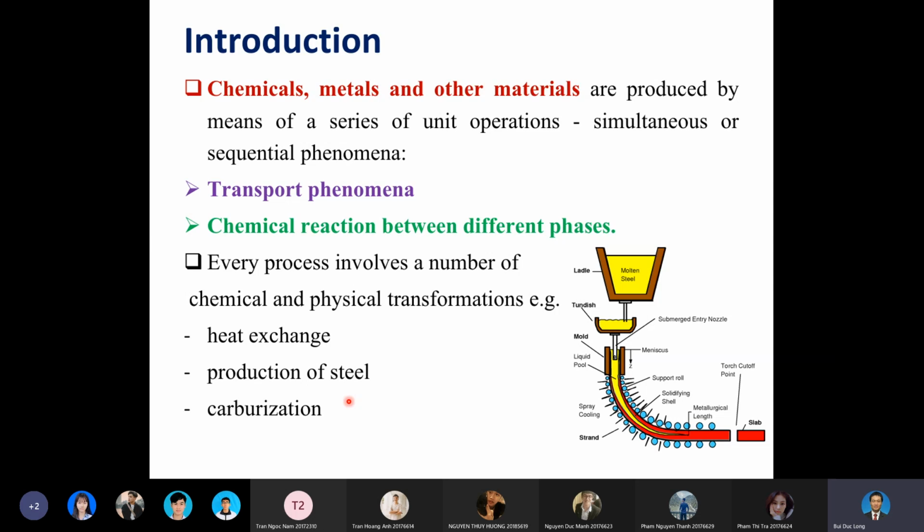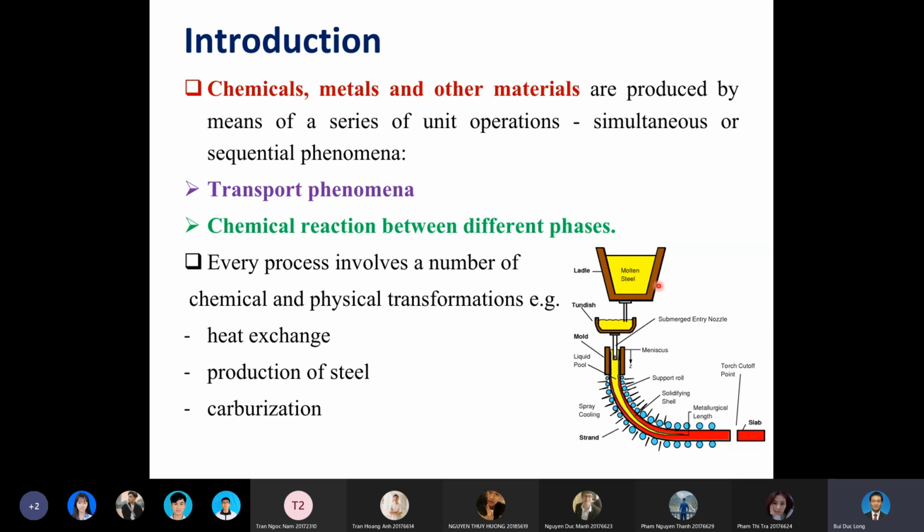To know how to design that process, you need to know what happens when the carbon penetrates the surface of the material, how fast, and how deep the carbon can penetrate. What temperature do you want to use? How long do you need? That's all you need before you can design the process.